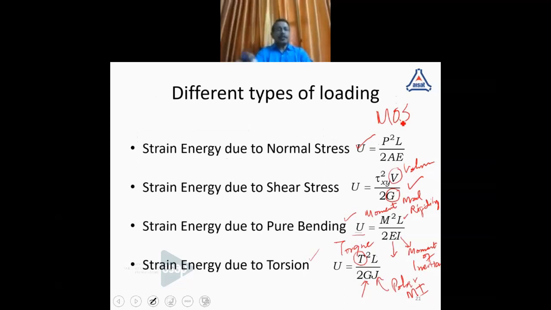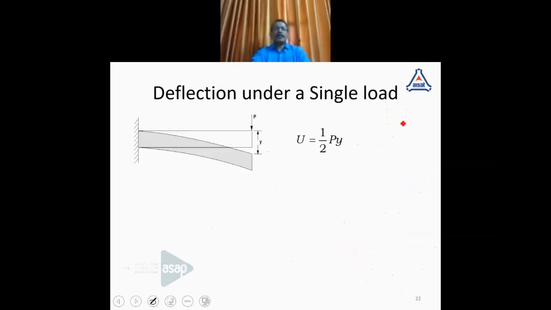First of all, in this particular discussion, we consider only the cases where a single load is applied, not more than one type of load. Only a single load is applied on a particular body. How can the deflection be determined using the strain energy method? That is deflection under a single load.